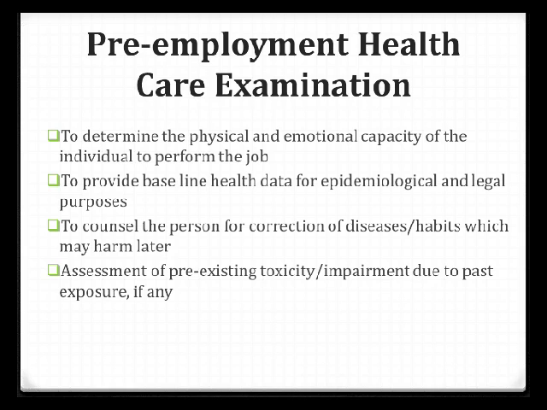If we know that there are specific agents or specific irritants within a particular paint that may cause respiratory distress for an individual who's predisposed to asthma anyway, what are the respiratory precautions that that individual will take if they're in the workplace to ensure that they don't exacerbate their asthma? And then assessment for pre-existing toxicity and impairments due to any past exposures. So helping individuals understand their vulnerability, their prevention, and their protection.